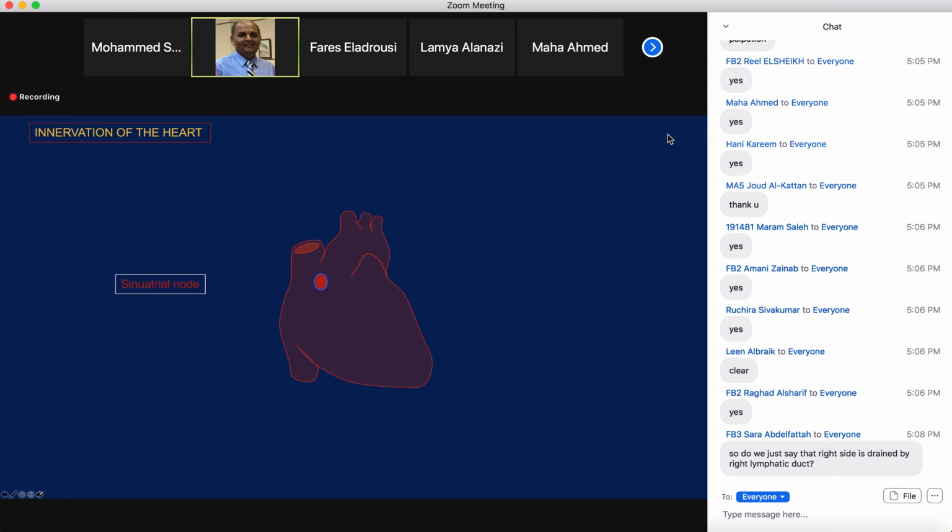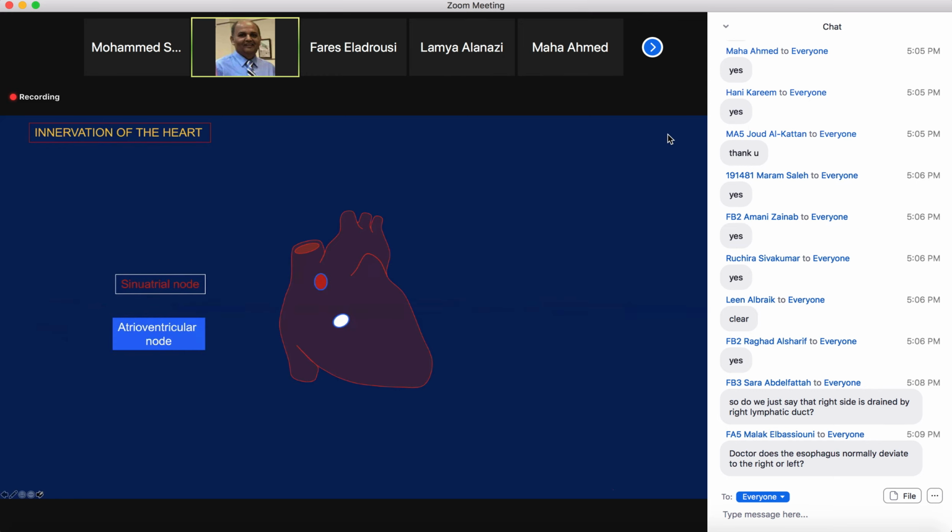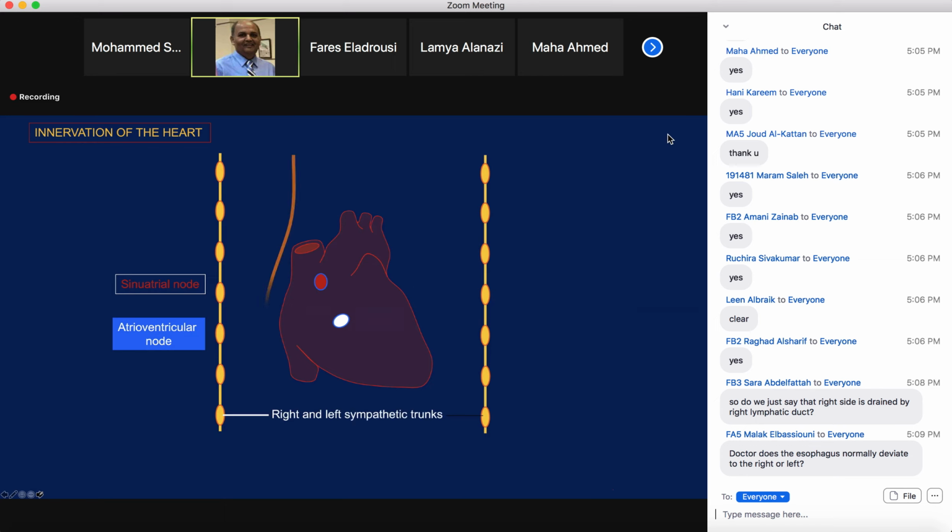Now, to start with my journey, the heart: SA node, we know about this, AV node, we know about that. These are my sympathetic chain. I'm not going into details of those. And from there, these are my right and left vagus.